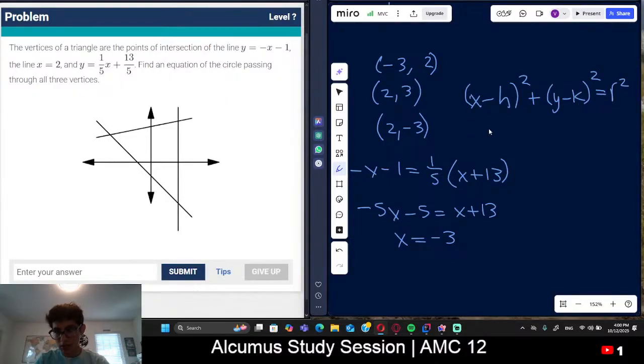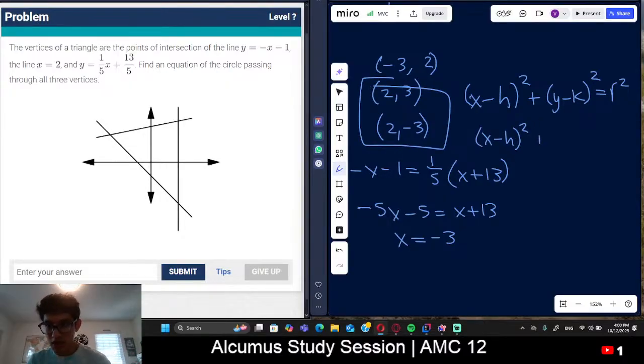But we're going to get something interesting from the fact that, well, no, okay, why won't k have to just be 0? I think k has to be 0 from this because we know that y equals negative 3 and y equals positive 3 both work from here. So this is just going to be x minus h squared plus y squared equals r squared.